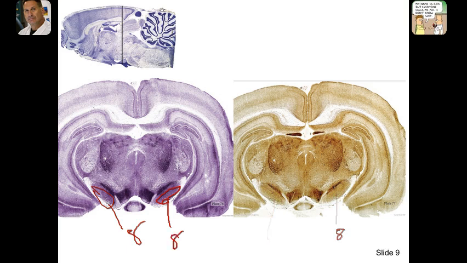We have the substantia nigra. This is the pars compacta. We have the ventral tegmental area. These are all dopaminergic neurons. We have the cerebral aqueduct.